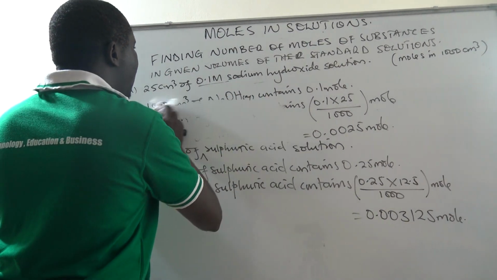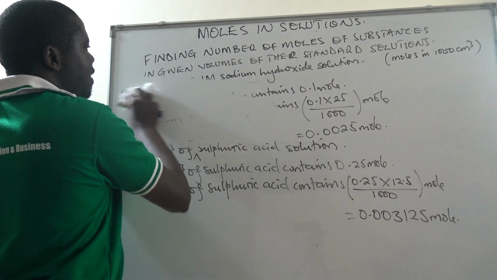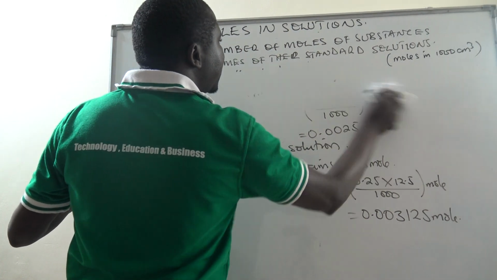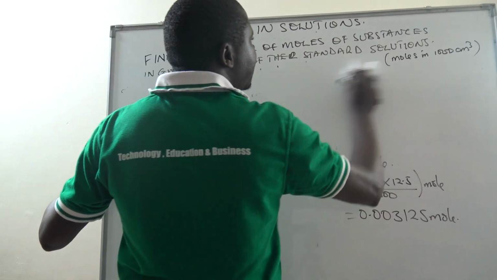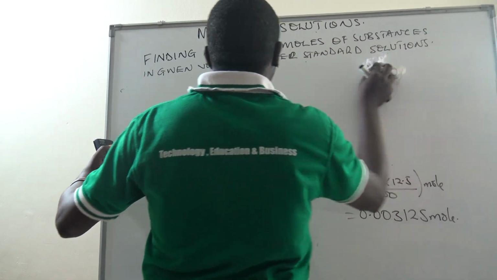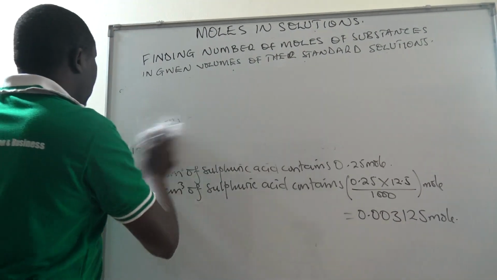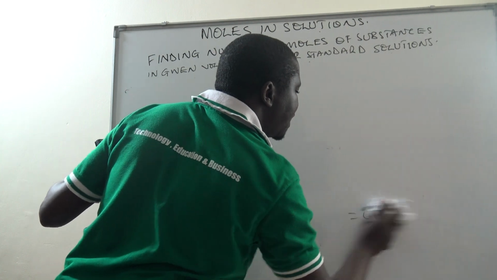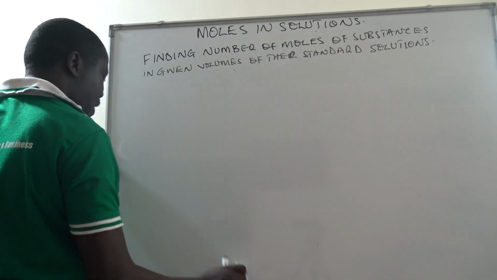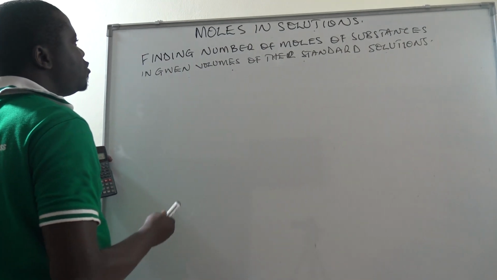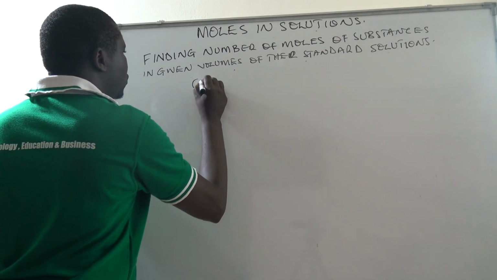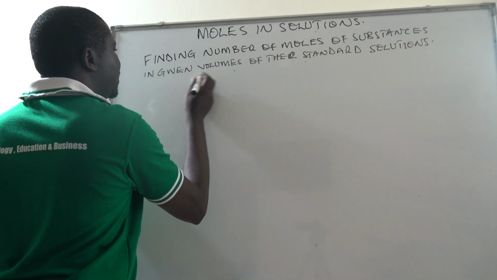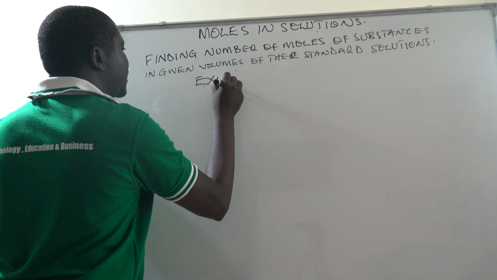Now, in your free time, please do this for the sake of your practice, so that you get conversant with this simple calculation here. I hope you'll take time and try these numbers here to exercise your chemistry muscles. So, this is a simple exercise.